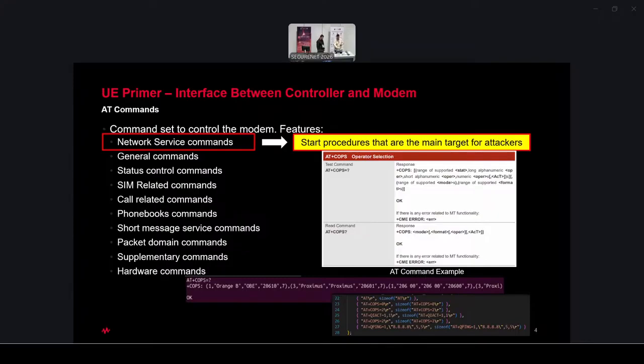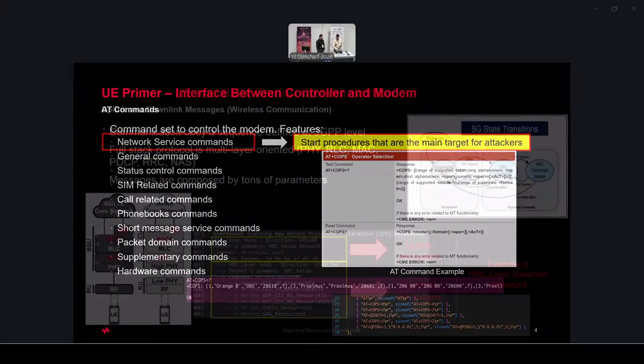Here we have some examples, but this is just an example. For each modem, we have a lot of AT commands to do a lot of things. It's not just to connect, disconnect. We can even send messages or use other commands specific to a specific modem. This is an example because we will use it later for the demo.